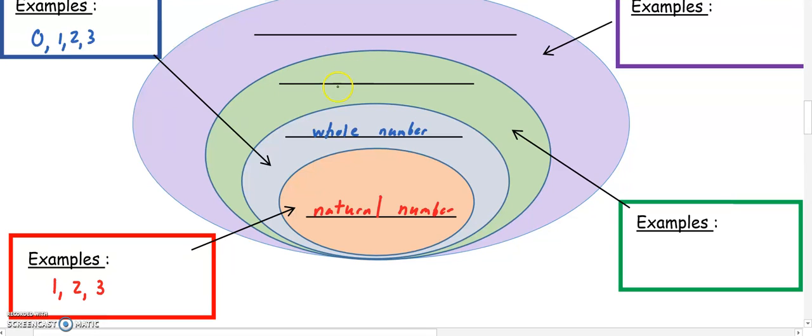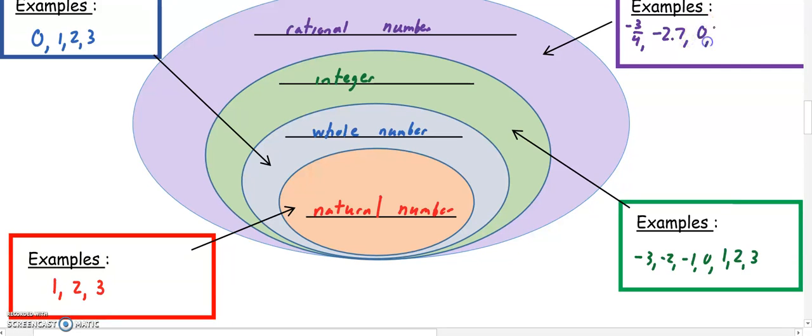The third group is the integers. So this includes our negatives and our positives. And then the last group that we have is our rational numbers. Remember, the rational numbers are going to be our most inclusive group. It's going to include the most different types of things: negative fractions, negative decimals, 0, negative numbers, positive fractions, and positive decimals.